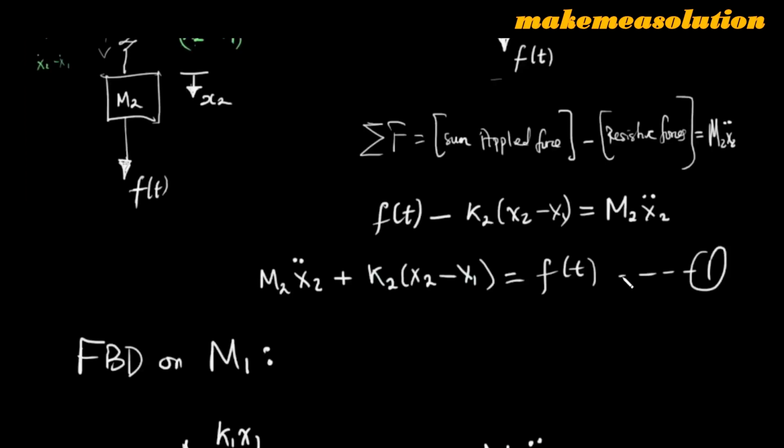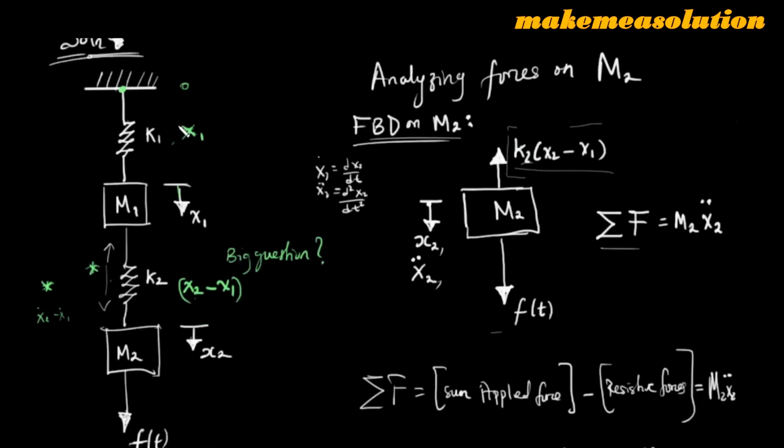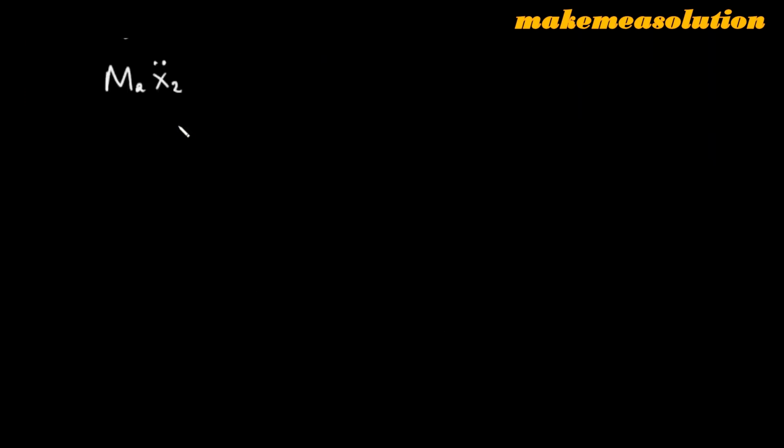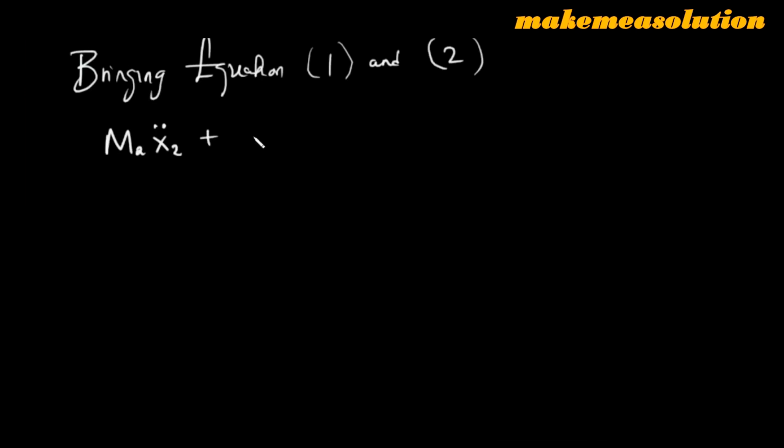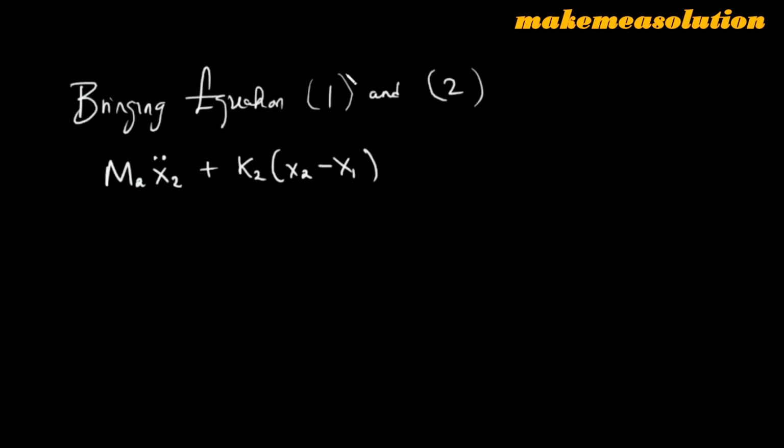So in order to do that, we're going to bring our 2 equations together. Bringing equations 1 and 2 together, equation 1 was m2 x2 dot dot plus k2 into x2 minus x1 is equal to f of t.